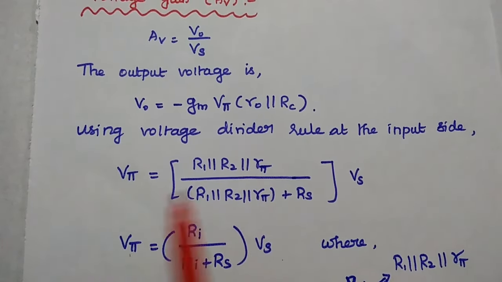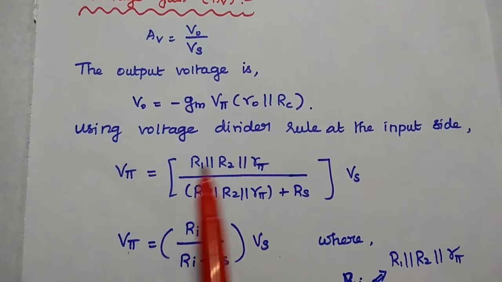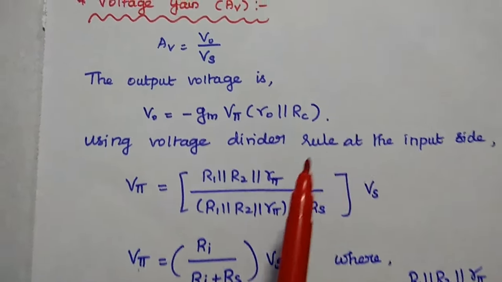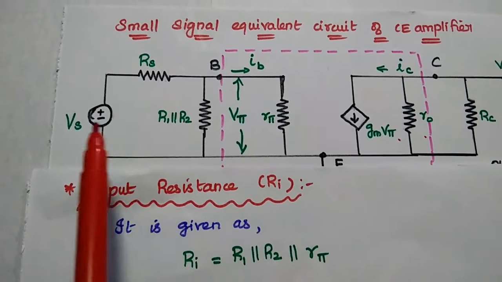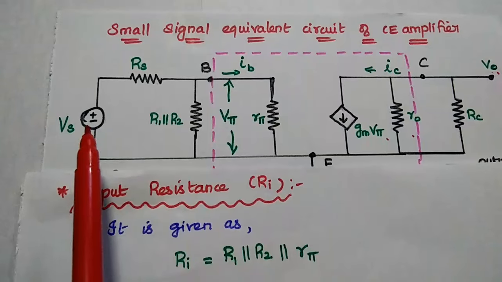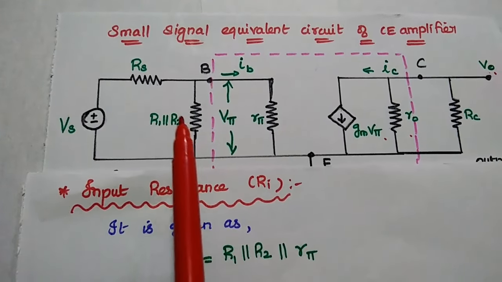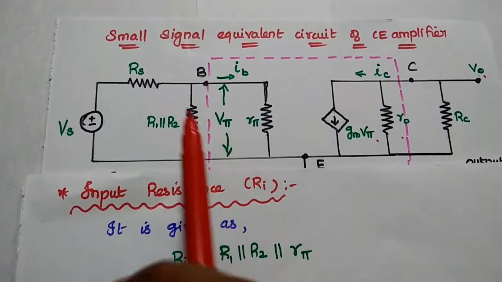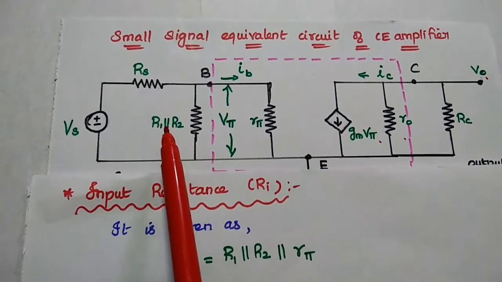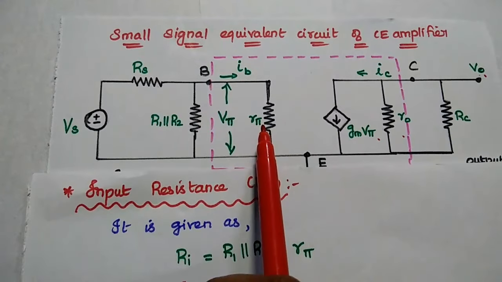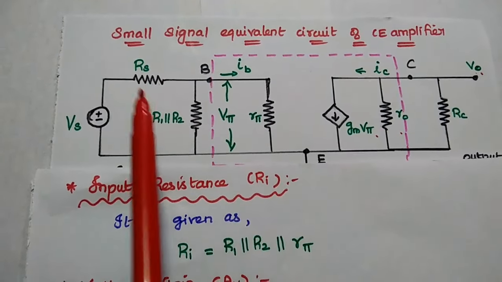So next we are going to find out the V pi value from the input side using voltage divider rule. So in this equivalent circuit, V pi is equal to, what is the total voltage? Vs multiplied with parallel combination of this three, correct? Using voltage divider rule, this V pi is equal to Vs multiplied with R1 parallel to R2 in parallel to this R pi divided by the whole resistance at this input side.